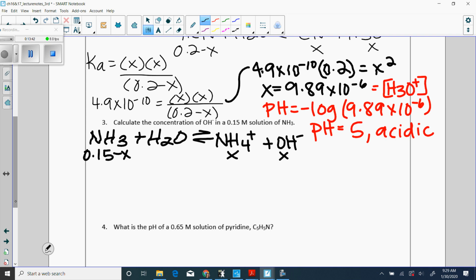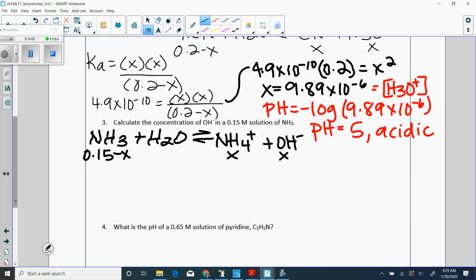What I did not type in the problem, and what you need, is a KB value, so can you get that off of dinosaur 0.2? Take a look at dinosaur 0.2. It will be given to you. I didn't type it in. Find ammonia, get your KB.